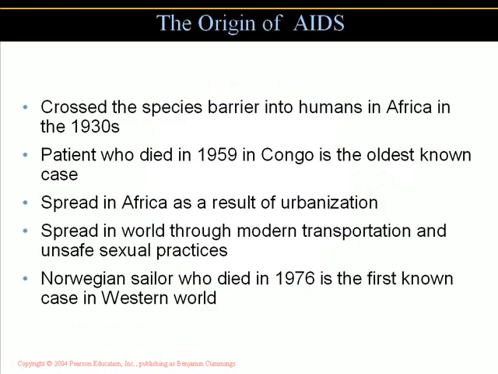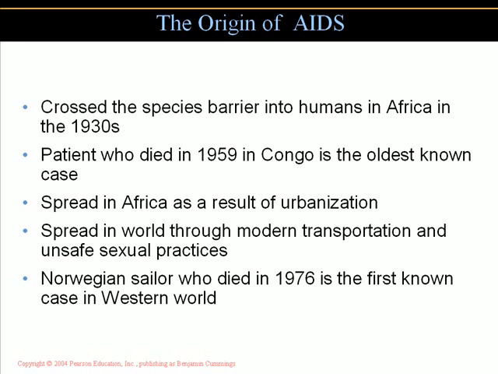The origin of HIV disease was also discussed on the video. Just as a brief review, it crossed species barriers into humans in Africa in the 1930s. Now you notice it says it crossed the species barriers. Remember the talk now about the bird flu virus and the ability of certain viral agents to cross species barriers and become pathogenic in humans.